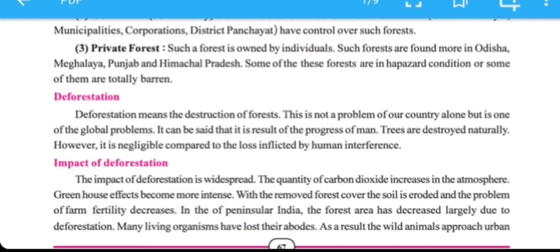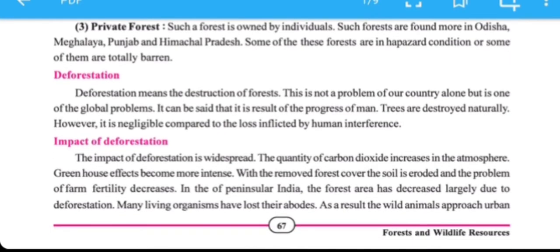One, the quantity of carbon dioxide increases. Second, the greenhouse effect becomes more intense. Third, if forest is not there, soil erosion takes place. The fertility of the soil decreases because of soil erosion.